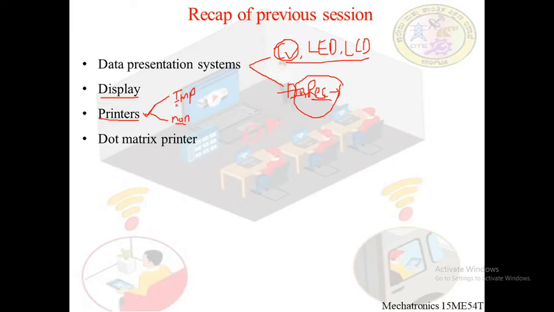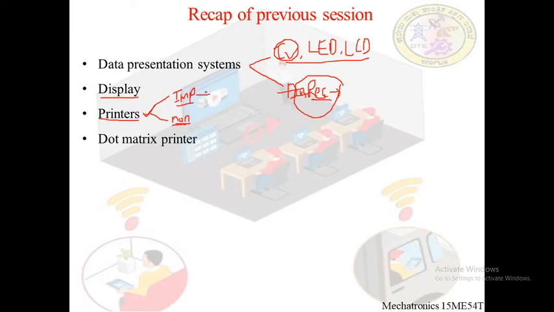In the impact type, there is a direct mechanical contact between the print head or the injector and the paper. In the non-impact type, there is no physical impact as such. Various technologies are used in order to create the print on the paper. The digital data is transferred onto the paper without using a mechanical impact.